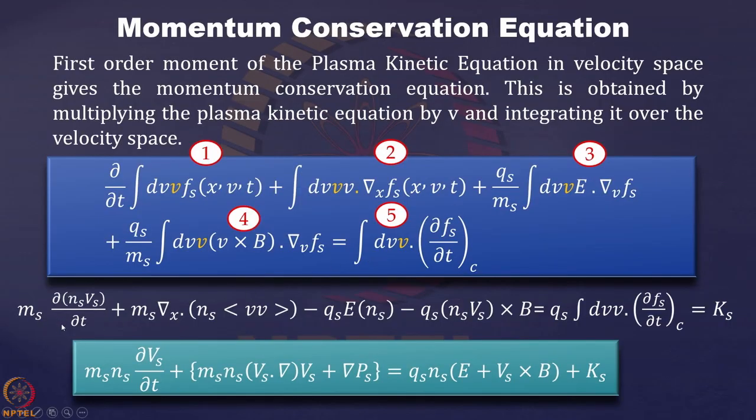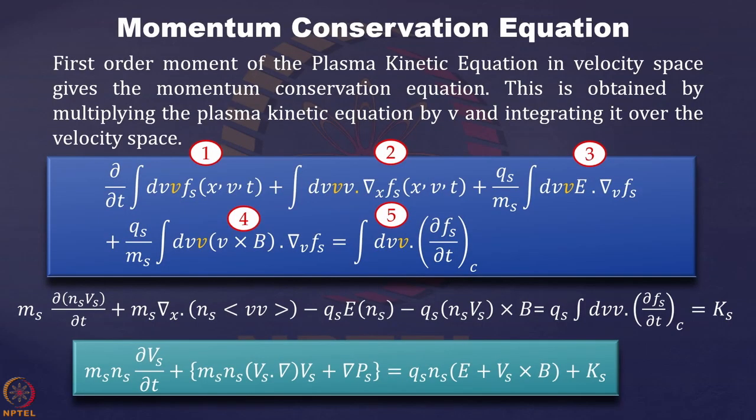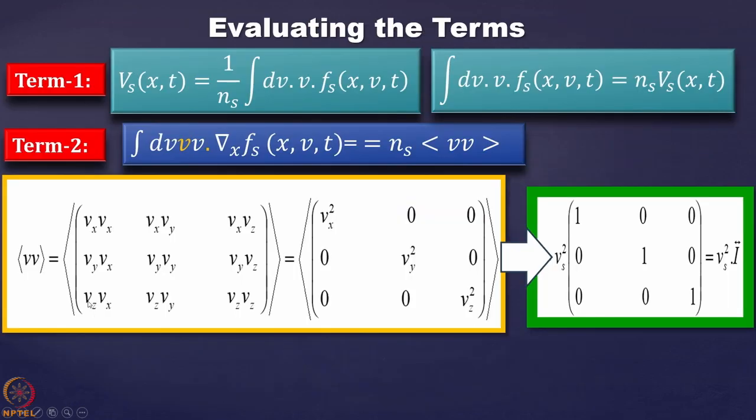So we get ns Vs and then del/dt. You will see that ms was there because we have divided everything by ms. When you multiply over here, this ms goes over here and this ms stands there, so that you get an expression like this, and ms gets removed from these terms. So ns Vs, as we have seen here, is coming from there.